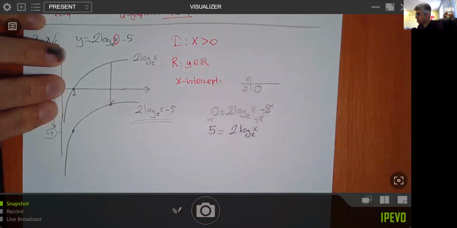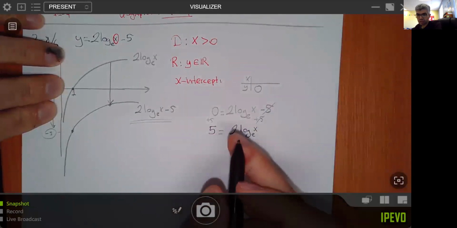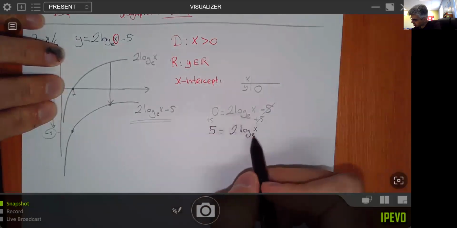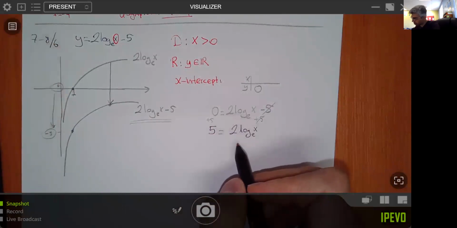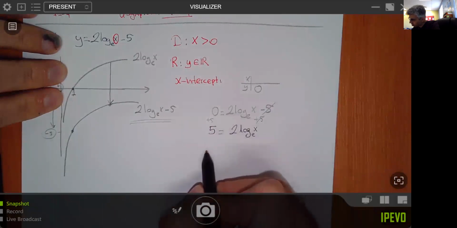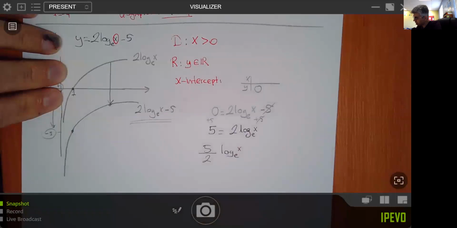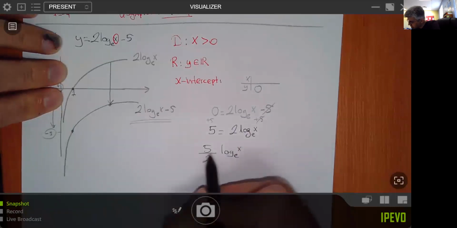Then I divide both sides by 2. I have 5 over 2, getting rid of this 2.